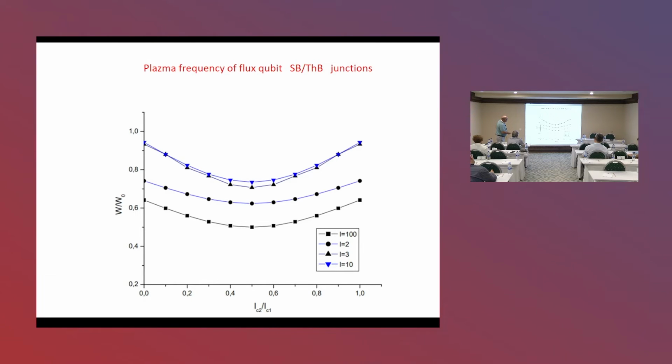As you can see here, we have behavior related to the case of a single Josephson junction, but in the case of low inductance AC SQUID, we have behavior also similar to this one, but there is a total increasing of frequency, and here also we have similar pictures.